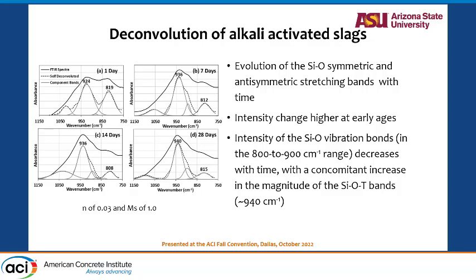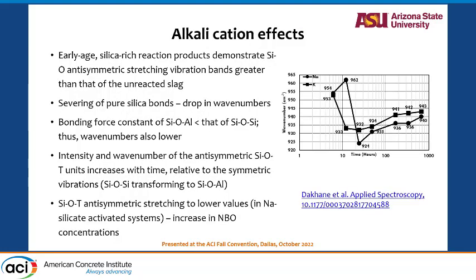I mean, with NMR you can do this, but NMR will take you way more time, and much more requirement in terms of analyzing and interpreting results with respect to Q0, Q1, Q2, all of that. Alkali cation effects, we also can see how that SiO-Al and SiO-Si bonds change because the bonding force constant when aluminum replaces silica in the tetrahedral structure is much lower than in an SiO-Si structure.